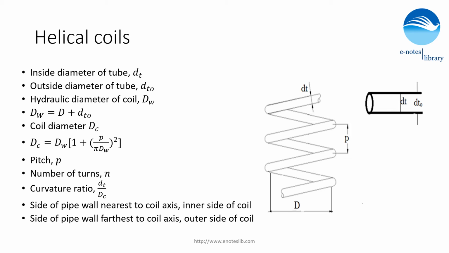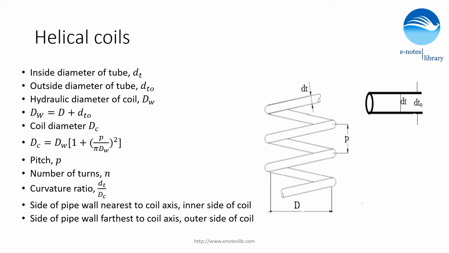The curvature ratio is represented by dt over dc, where dt is the inside diameter of the tube and dc is the coil diameter. It can also be represented by pitch over dc or pitch over dt. It's up to you how you want to calculate the curvature ratio.